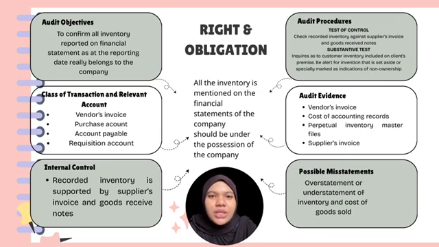As part of audit procedures, we test controls by matching inventory records with supplier documents and run substantive tests to ensure nothing is mistaken, such as customer inventory. If this assertion fails, it can lead to overstatement or understatement of both inventory and cost of goods sold.